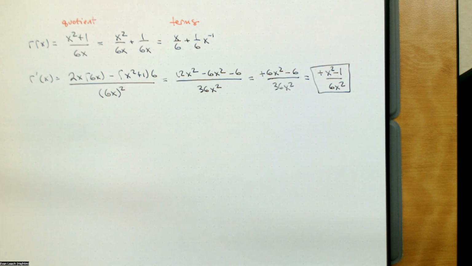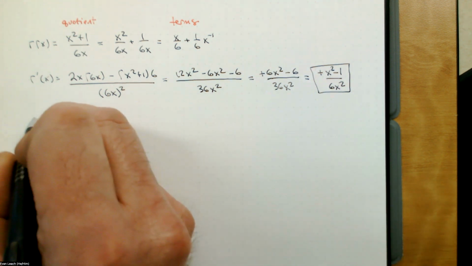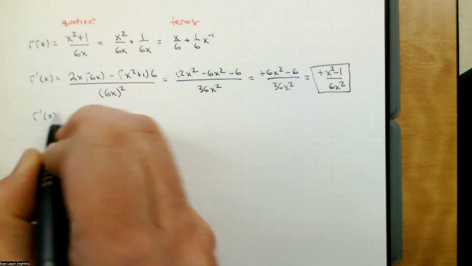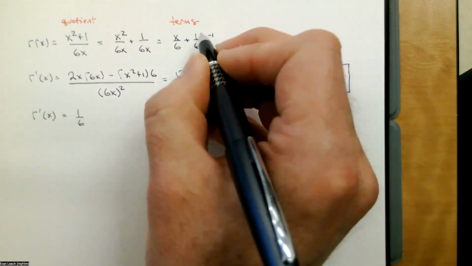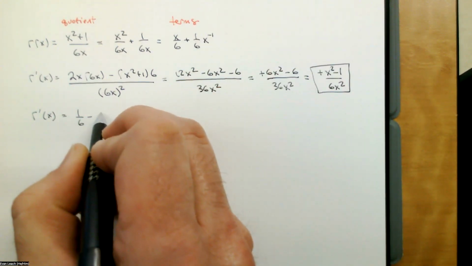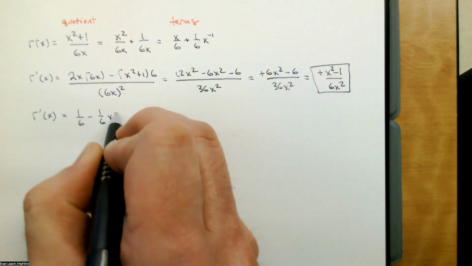This is the same thing we get if we use the distributive property and read it as terms. The derivative of 1/6 x is just 1/6. The derivative of 1/6 x to the negative 1 is minus 1/6 x to the negative 2.